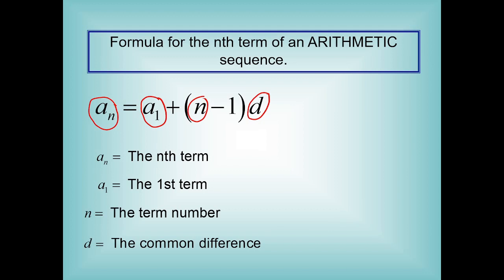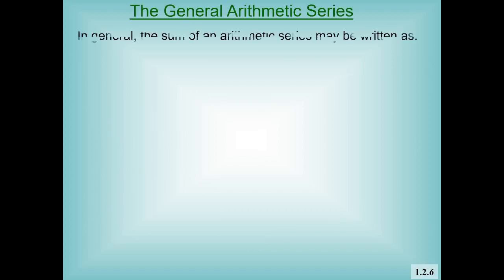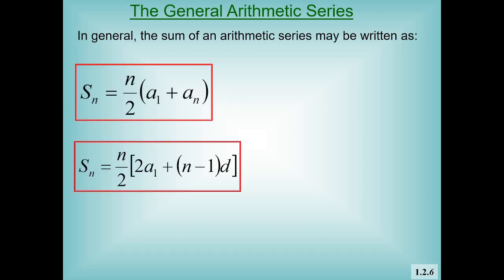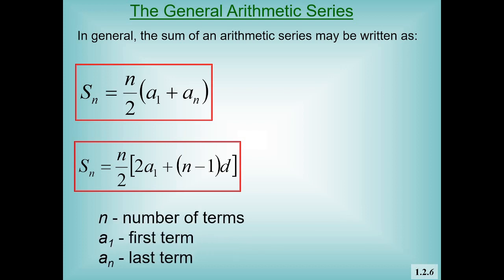Now, I will be introducing another two formulas for series. And these are the two formulas you need to familiarize today. So, I will go over them one by one. Let's start first with the first formula. We have S sub n is equal to n over 2 times A sub 1 plus A sub n.